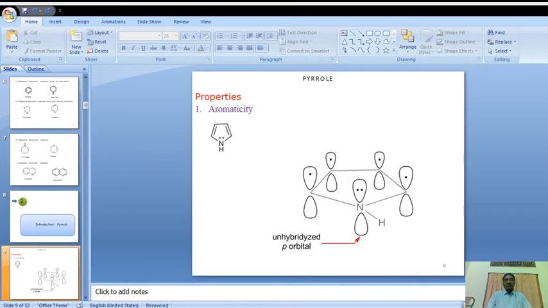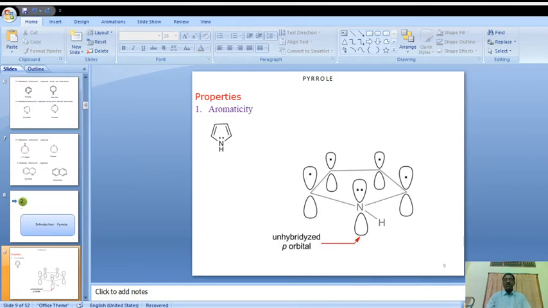Four carbon atoms are bonded with one heteroatom, that is nitrogen. This is the clear structure of pyrrole. Here please observe 4 corners, 4 carbon atoms and one nitrogen atom.